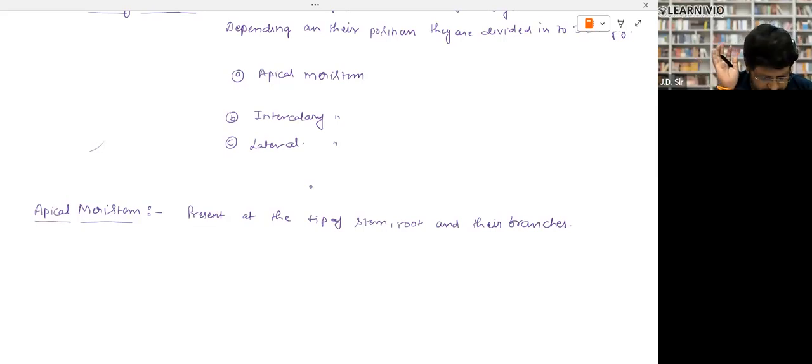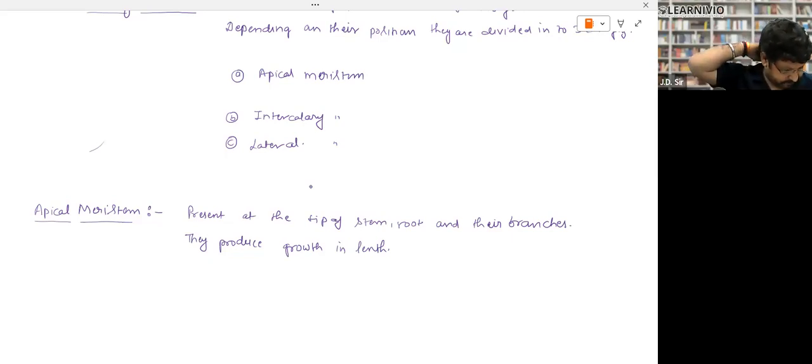So the apical meristematic tissues are formed there, and they produce growth in length. Next point, they produce growth in length, right? That is the apical meristem. Clear? Yes, sir.